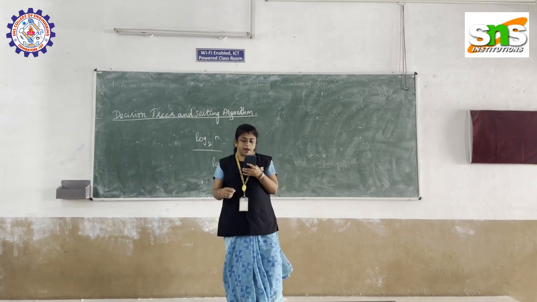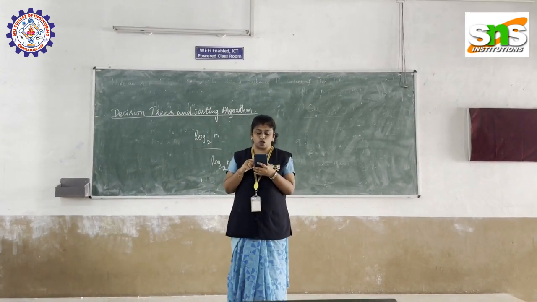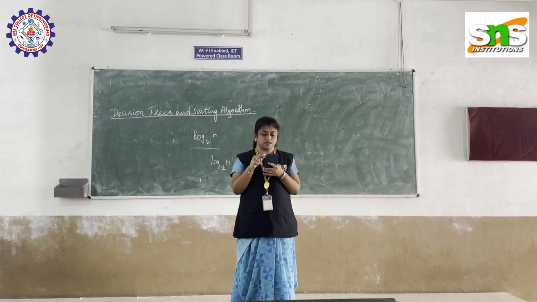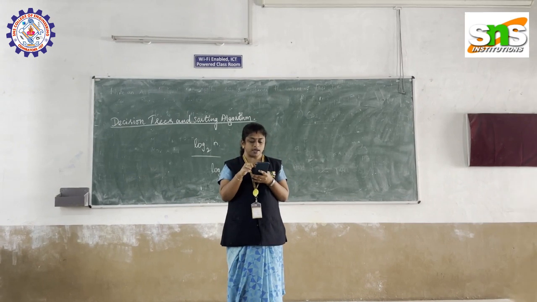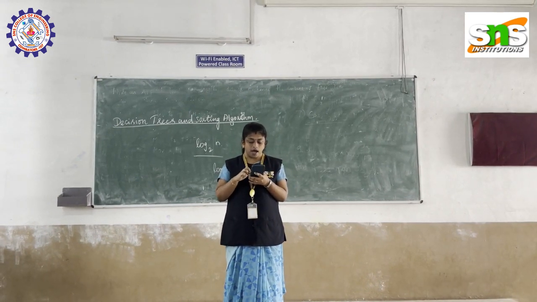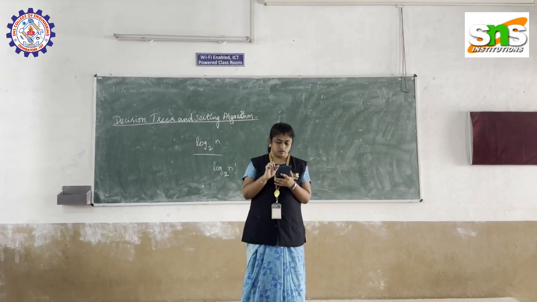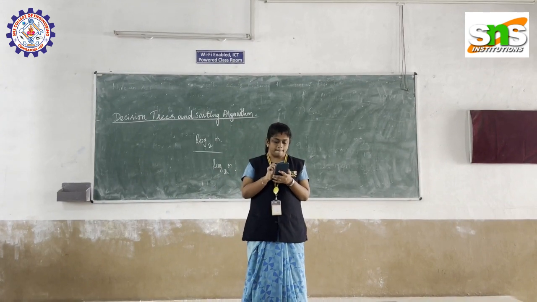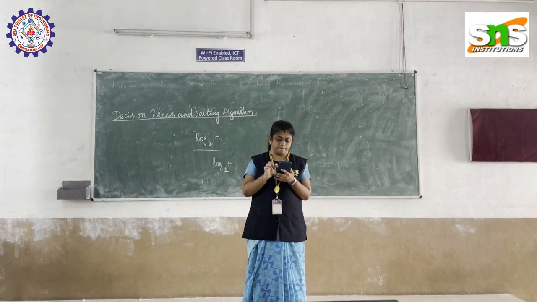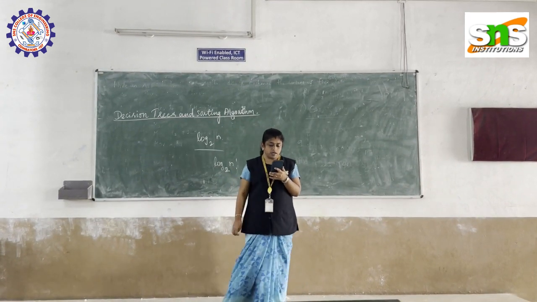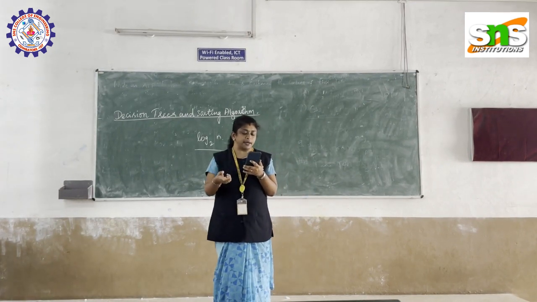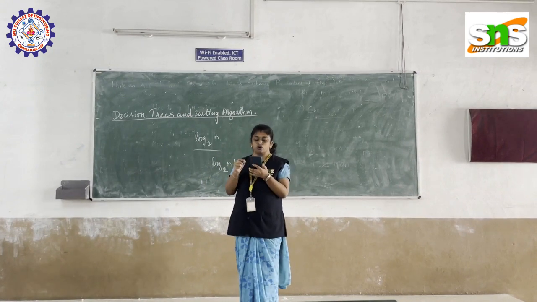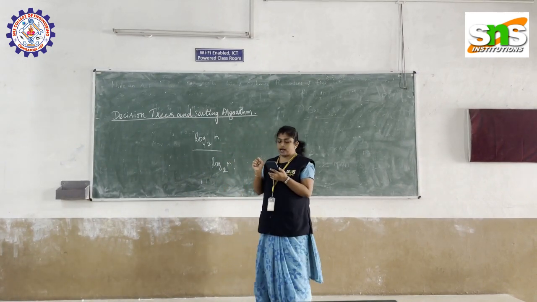So for any comparison based sorting algorithm, since the longest path represents the worst case and its length is the height, log 2 n factorial is approximately n log 2 n.